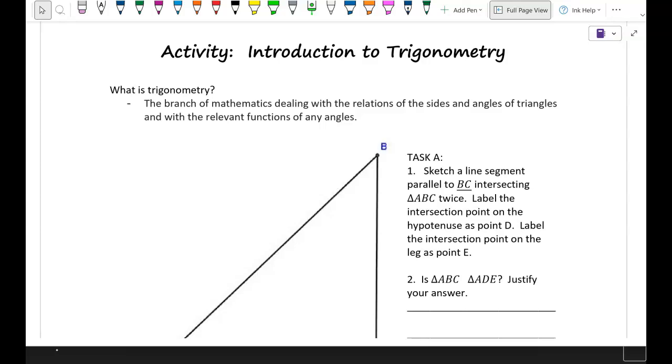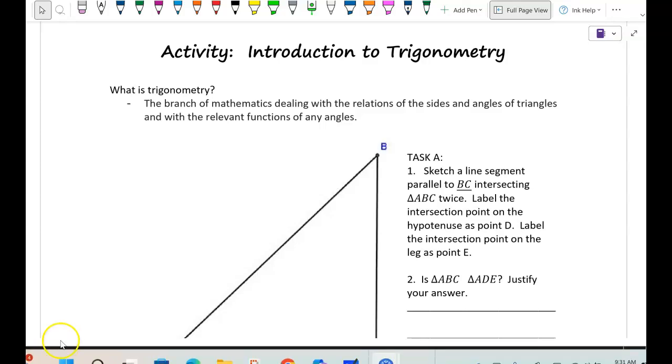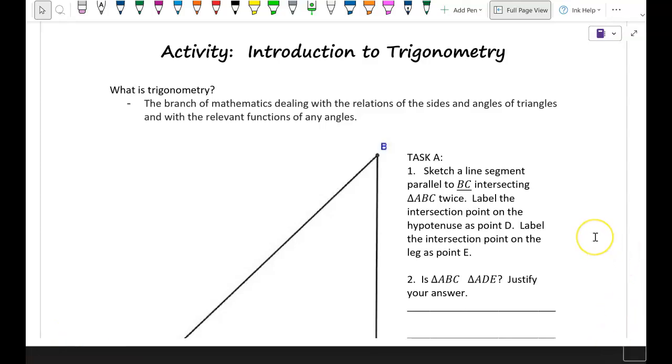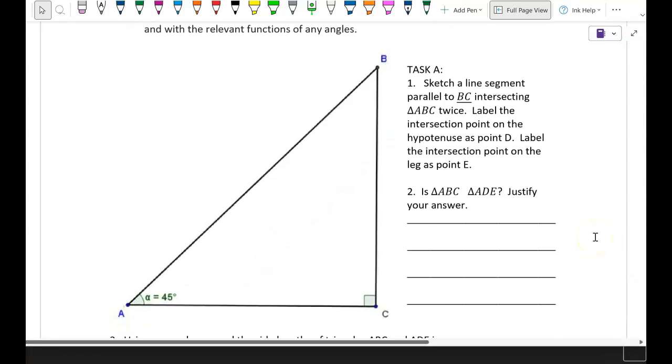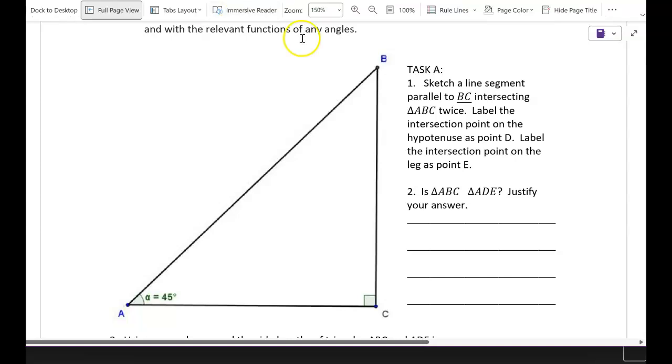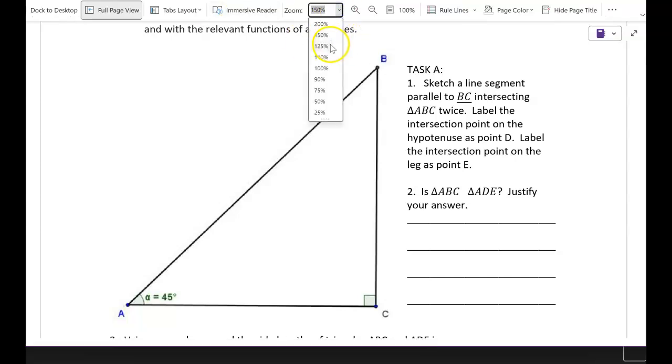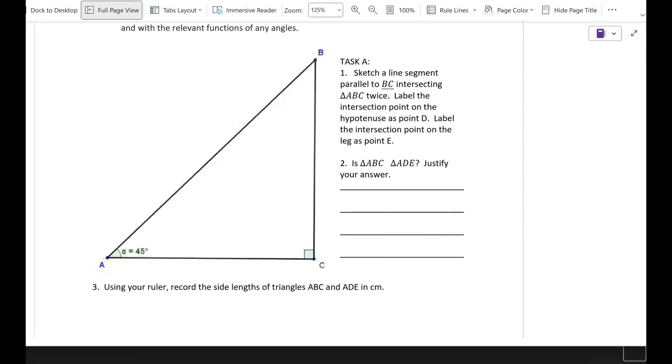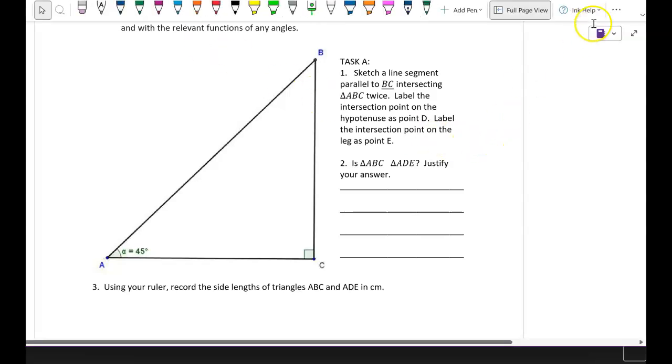Okay. So task A says, sketch a line segment parallel to segment BC, intersecting triangle ABC twice. Label the intersection point on the hypotenuse as D and label the intersection point on the leg as point E. Now I am going to shrink this down just a tad to give me a little bit more room on the page.